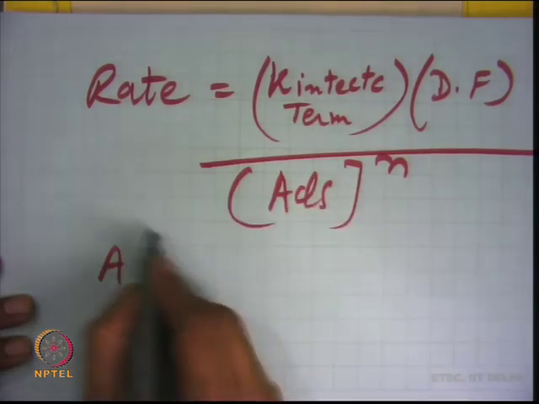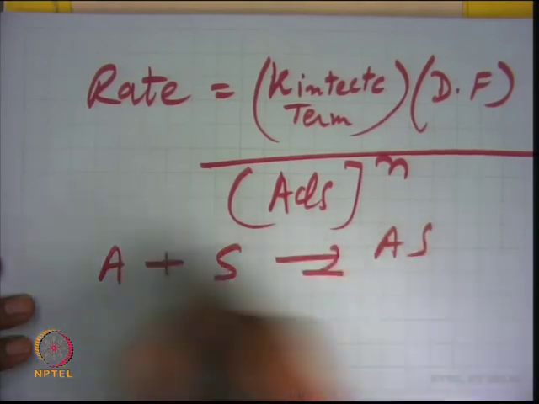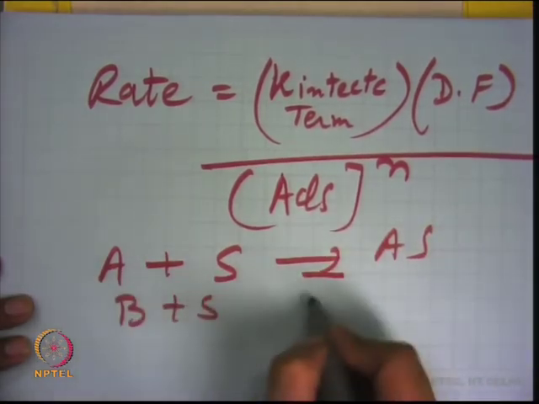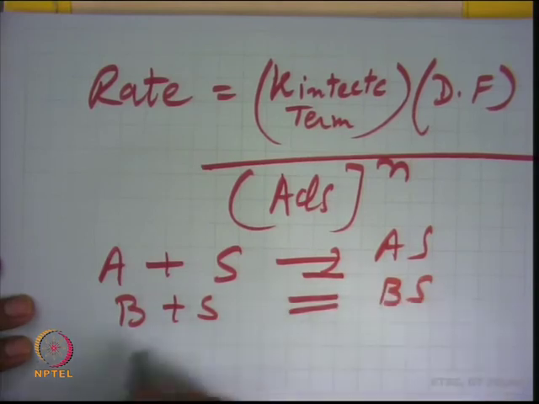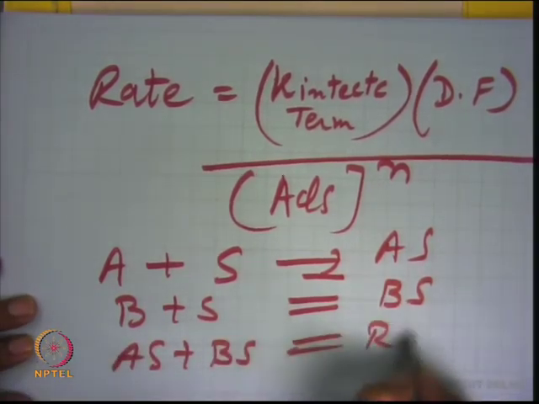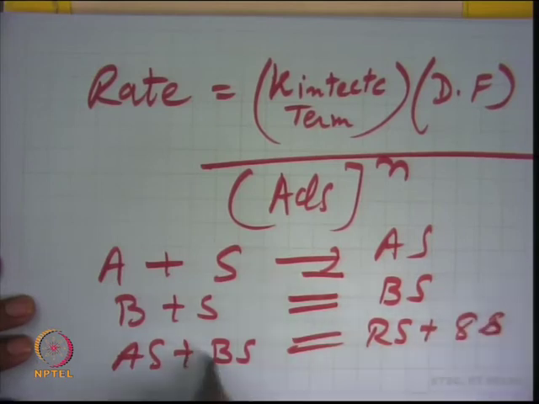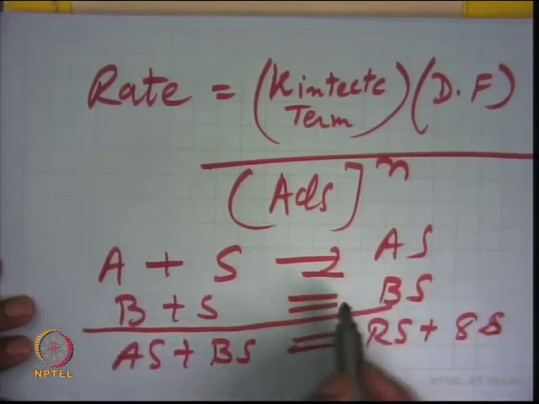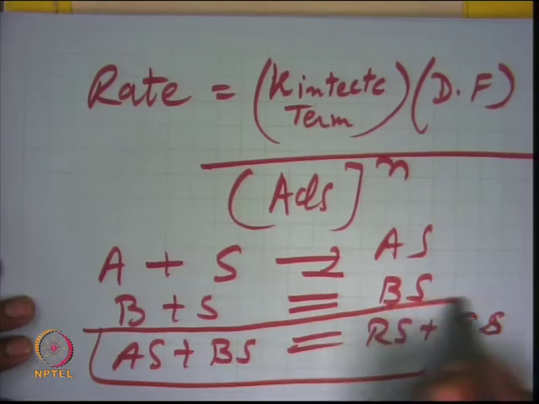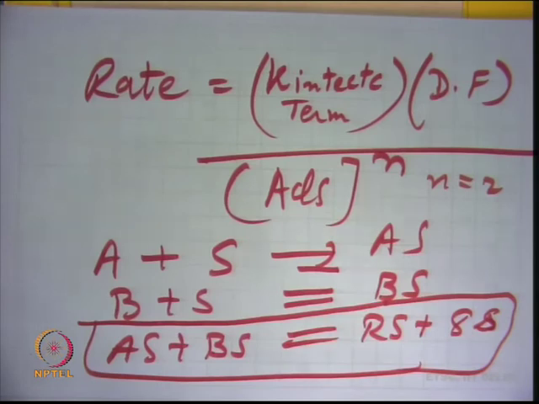Depending upon that, if you write A plus S gives A S and B plus S gives B S, and then A S plus B S gives some adsorbed product species R S plus S S, something like this. Then if this is the rate controlling surface reaction step, you will have a denominator with n equal to 2. So, this is the meaning of this step.